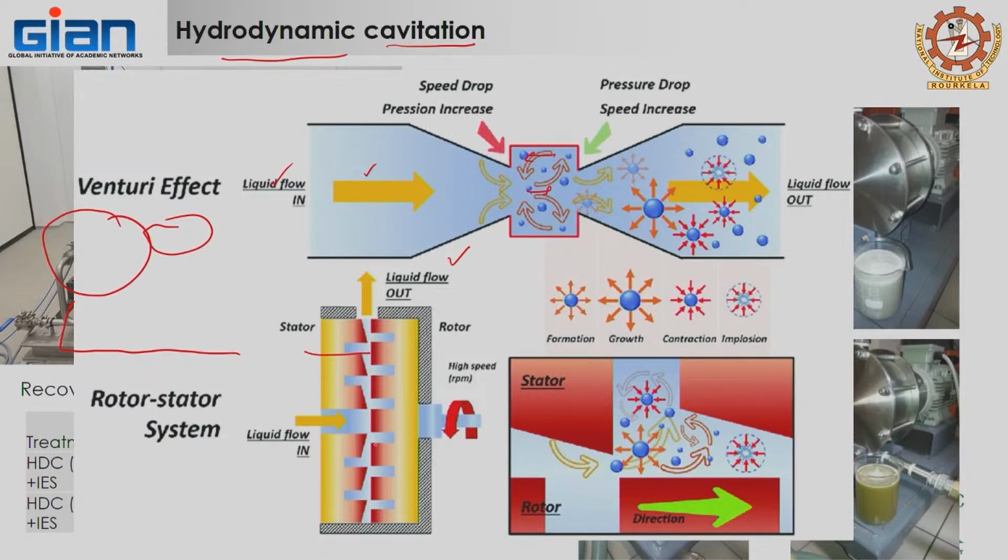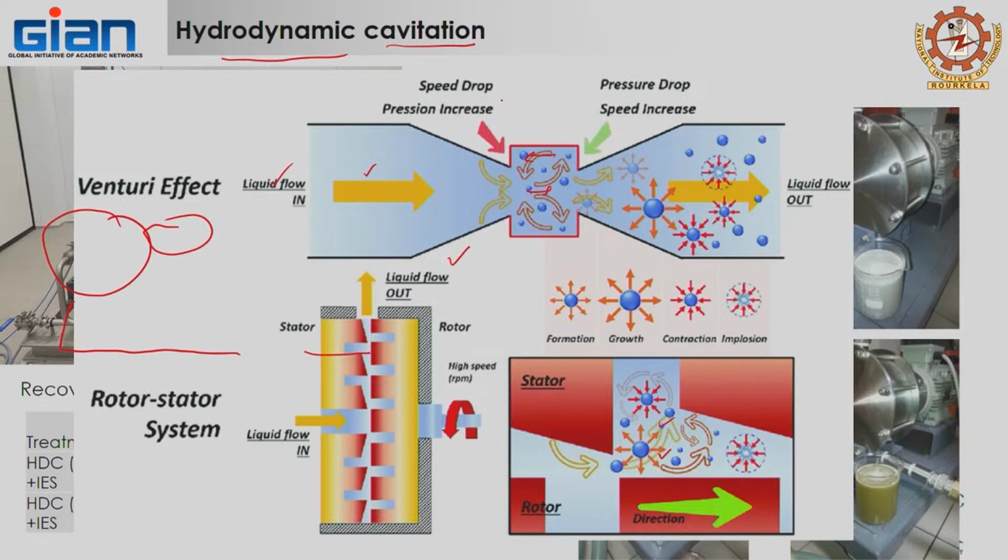Because of this, it creates a lot of cavitating bubbles which either implode or explode. Explode means it blasts out because of internal pressure, or collapses because of the gradient between external and internal pressure, and during that process it produces a lot of cavities.